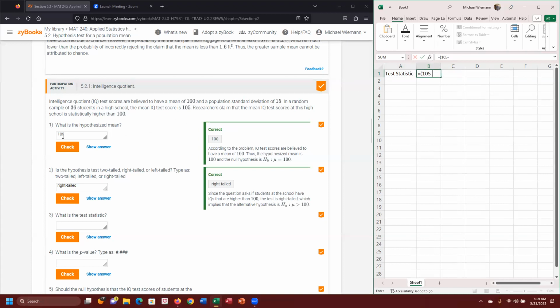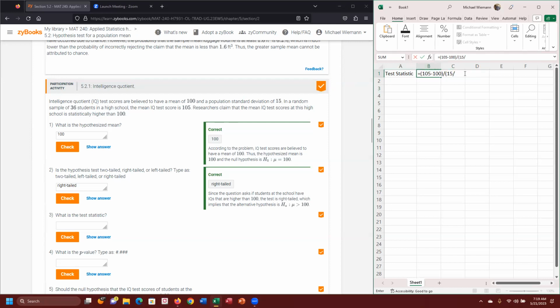I'm going to subtract that off the hypothesized mean, which is 100, close the parenthesis, do a division. I'm going to open up another parenthesis in this instance. From here, I need to know what the standard deviation is. The population standard deviation is 15. So I'm going to key in 15, do another division. And what is my sample size?